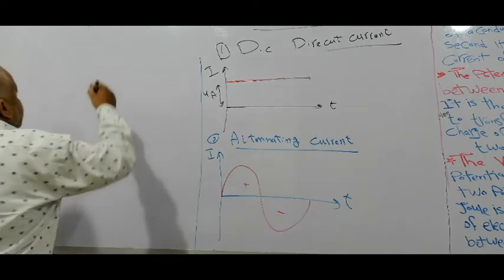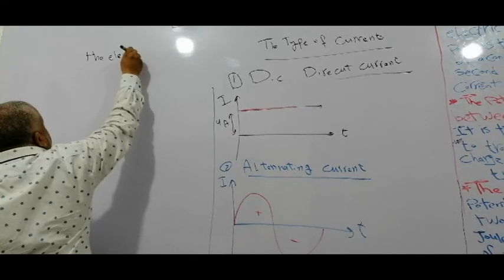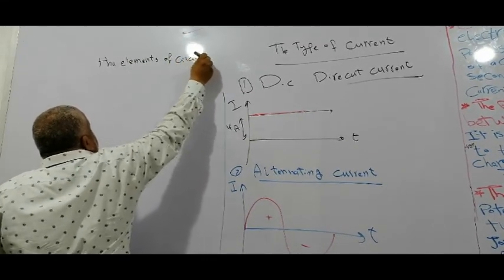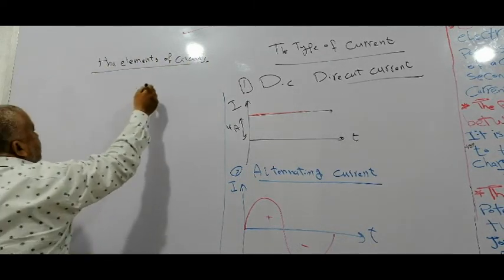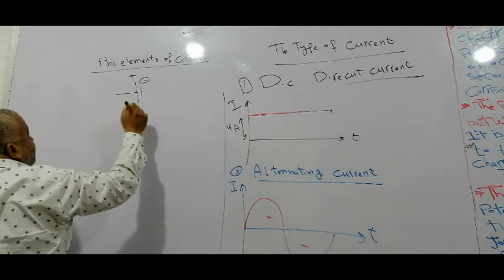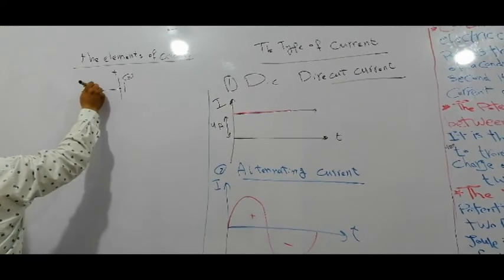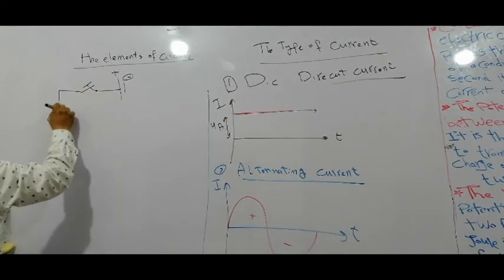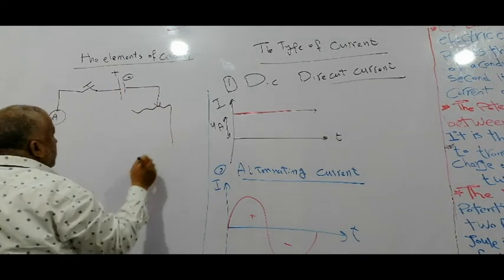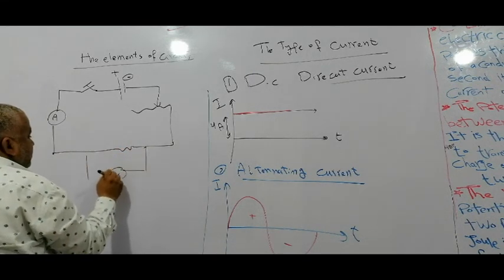The elements of a circuit. In a simple circuit: battery, negative and positive terminals, switch, ammeter, rheostat, variable resistance, constant resistance, voltmeter.